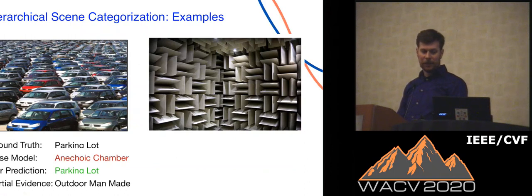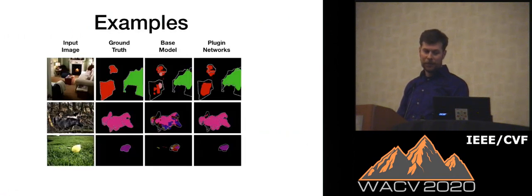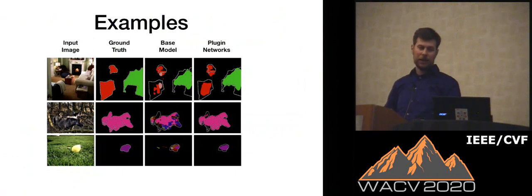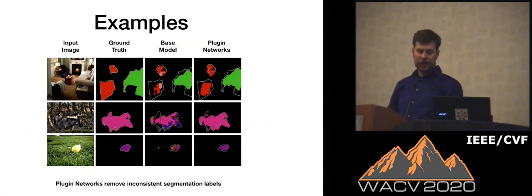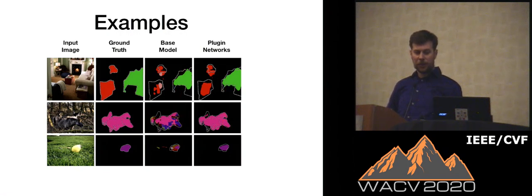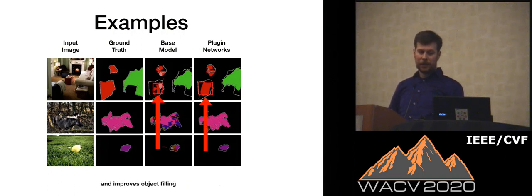Here we have an example where the base network classifies a parking lot as a sound recording chamber, and here we have an example where our plugin network was used in semantic segmentation, and we showed that the plugin network helps with label consistency, and also the objects are better filled with the correct pixel classes.